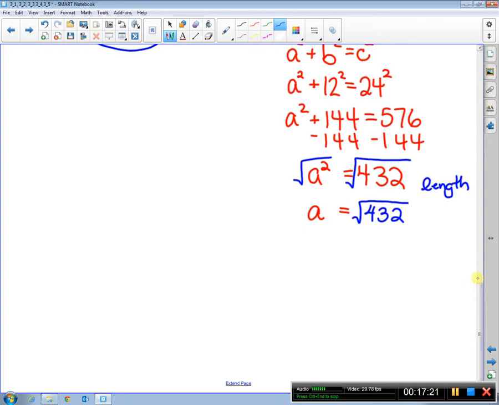So the first thing you're going to do now, since you may not know what goes into 432, is a factor tree.